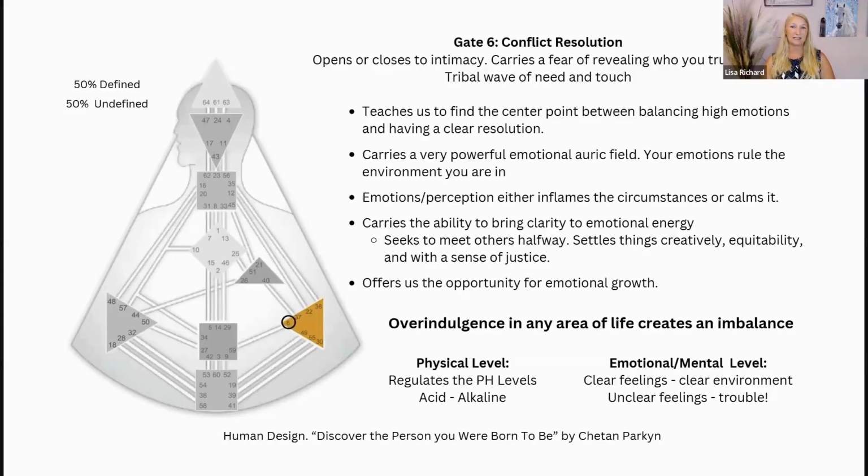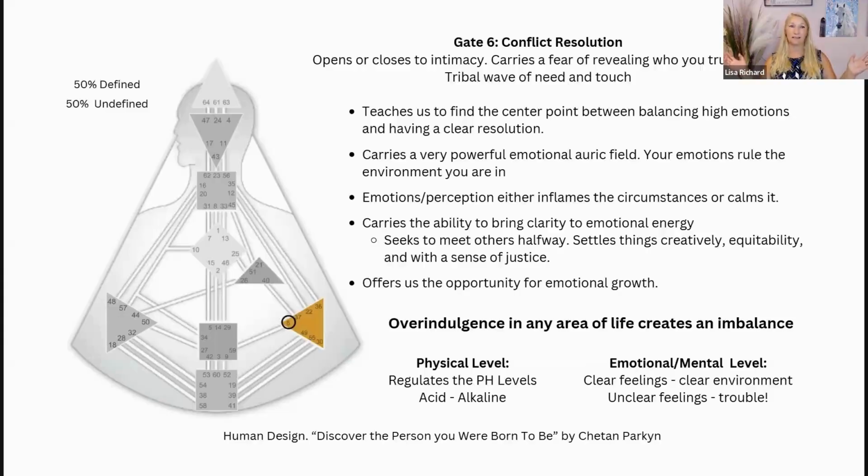So it's going to teach us to find our center point, our balance between having these really high emotions on one hand and having a clear resolution on the other. So if you think of conflict resolution, there has to be a conflict in order for there to be a solution.